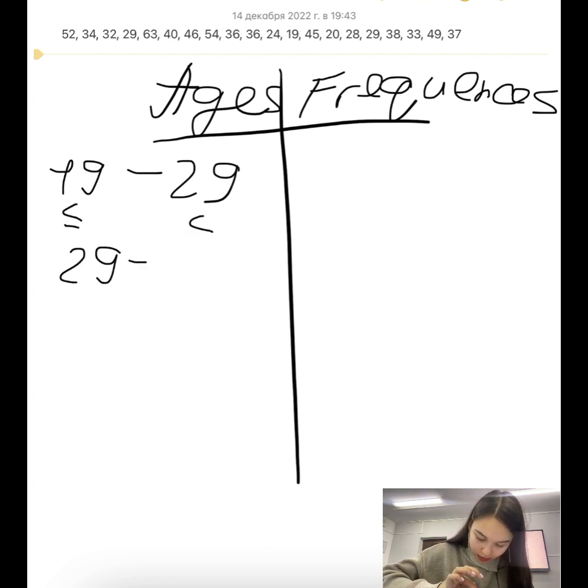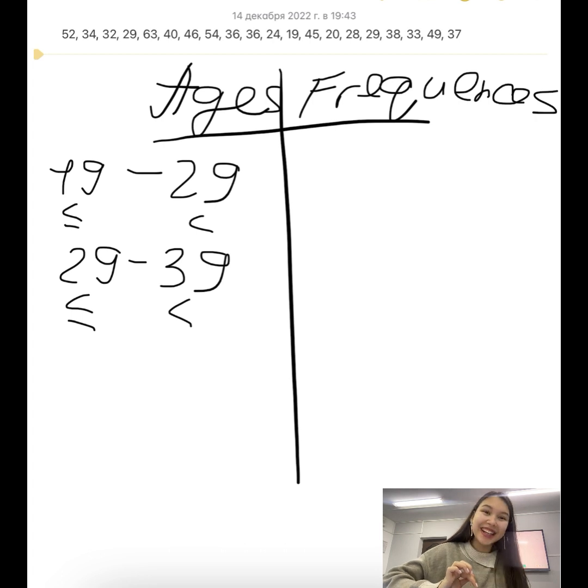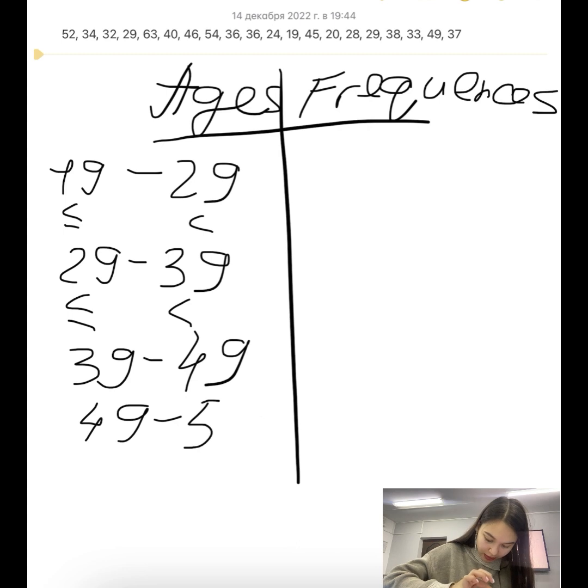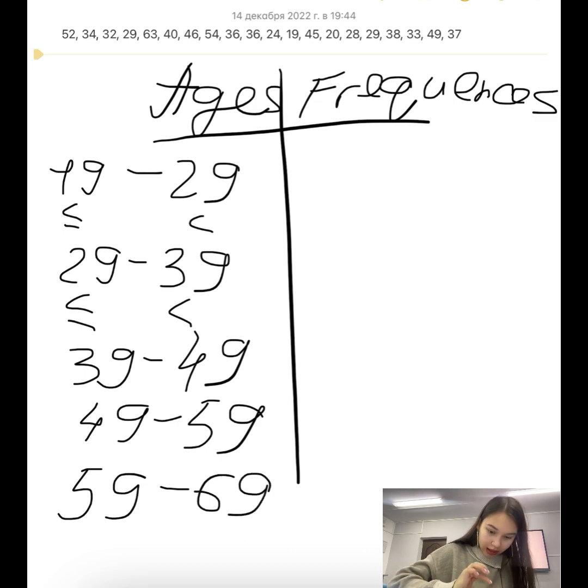From 29 to 39, 29 is included but 39 is not. Then from 39 to 49, from 49 to 59, and from 59 to 69.